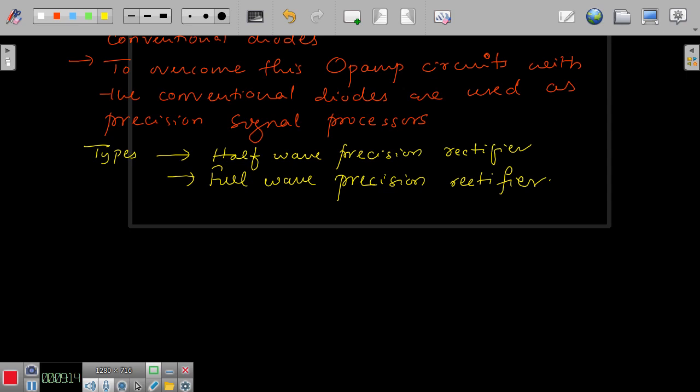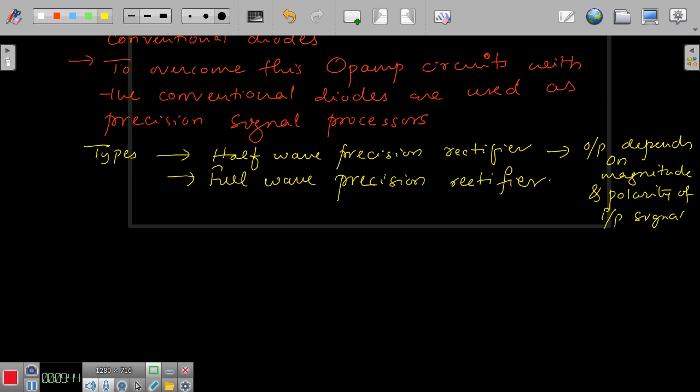Okay. Now we will try to see, before I go into any specific configuration, what exactly a precision half wave rectifier does, right? It will deliver an output which depends on the magnitude as well as the polarity of the input signal, right?